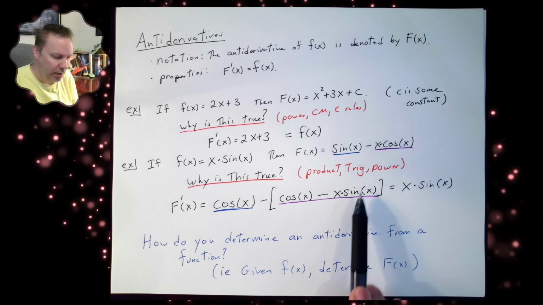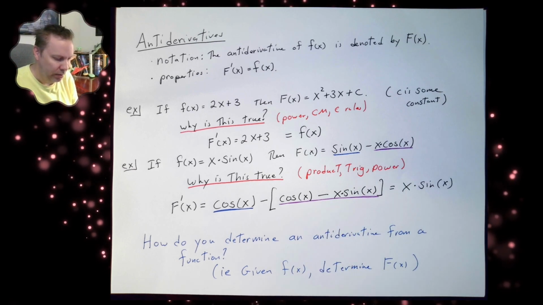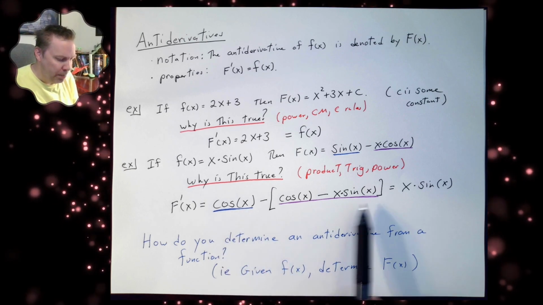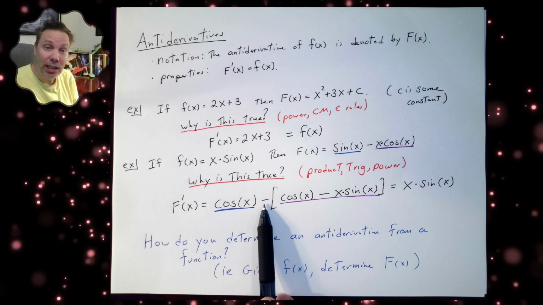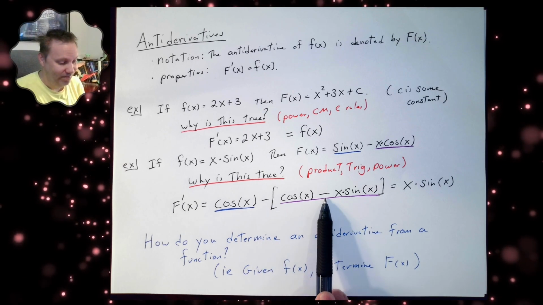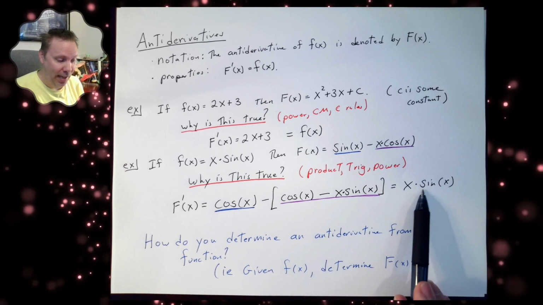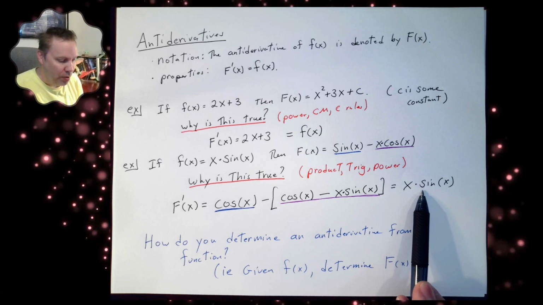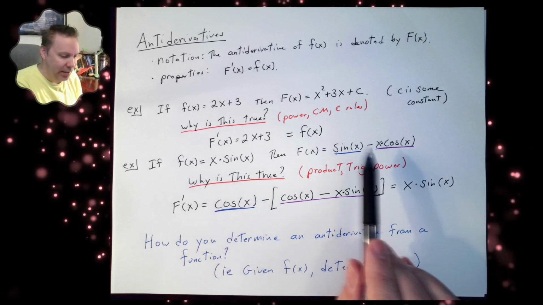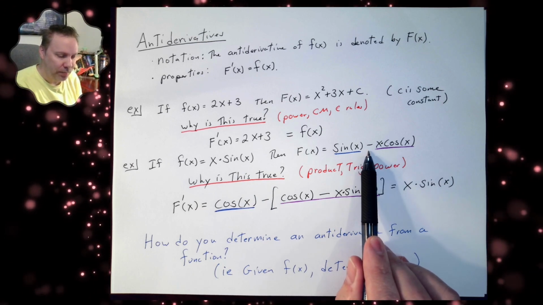Derivative of cosine is negative sine. So now simplifying this, I see that the cosines are going to cancel. This minus sign here, that's going to make this a plus, and the outcome is x sine of x. So the antiderivative of x sine of x is this particular function here.